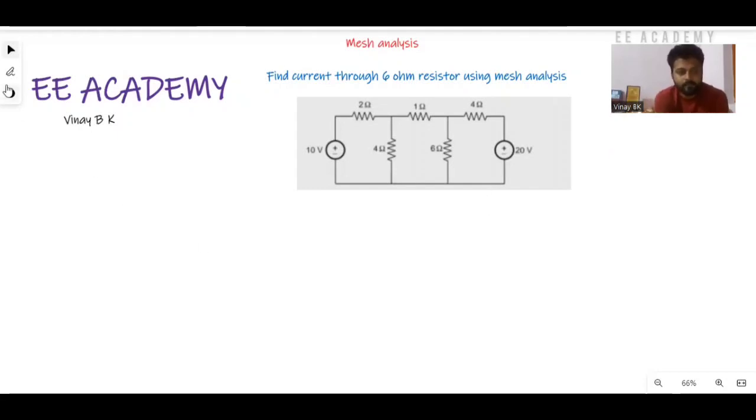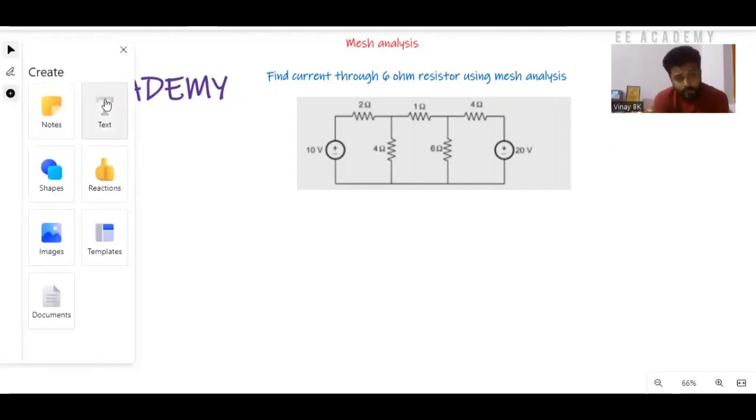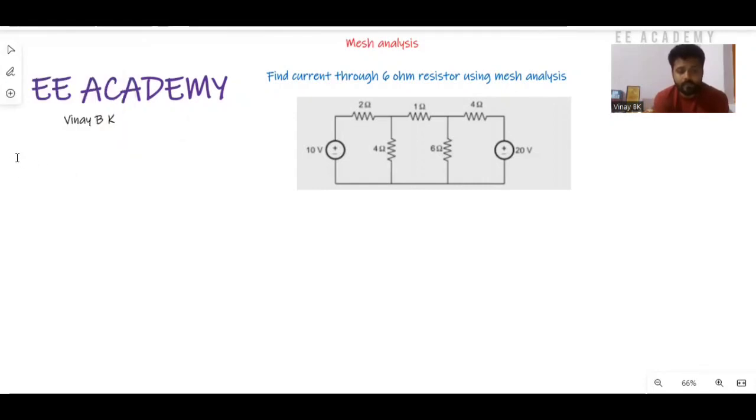The rule is to apply KVL for the mesh. You can also call this mesh current analysis or loop current analysis. With the help of this mesh analysis, we can find all the branch currents.